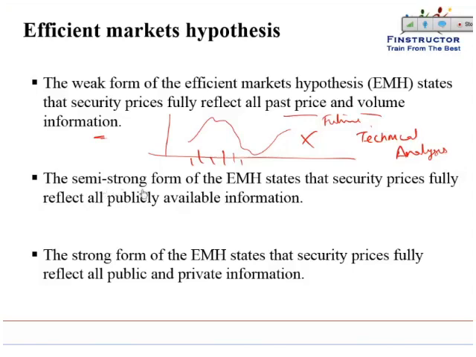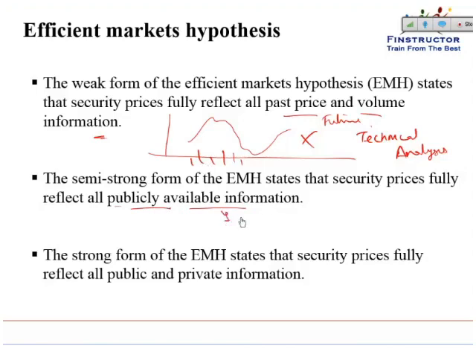The semi-strong form of the efficient market hypothesis states that the prices fully reflect all publicly available information. So it's not just price and volume data, but all public information.